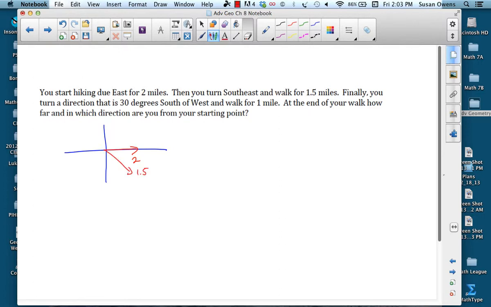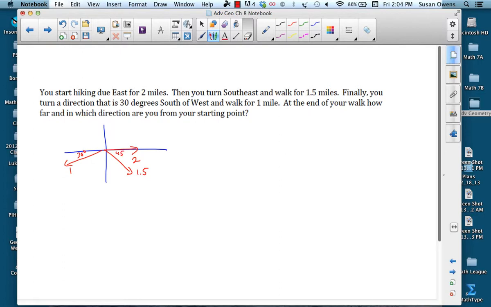And then find 30 degrees south of west. If you don't mind, I like to do all my vectors from 0 degrees, even on the north, south, east, west plane, because not only does it give me the answer, it gives me the correct sign, and I don't have to fix it myself. On the right, between the 2 and the 1.5, that's the angle that's 45. Yeah, that's the angle that's 45.